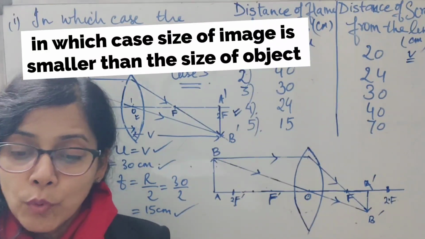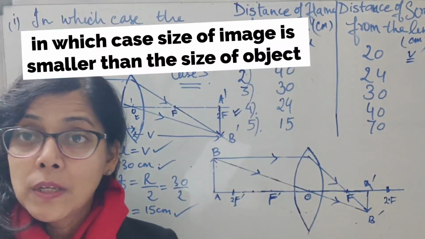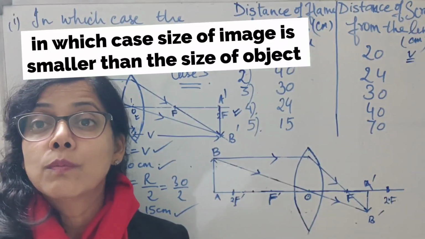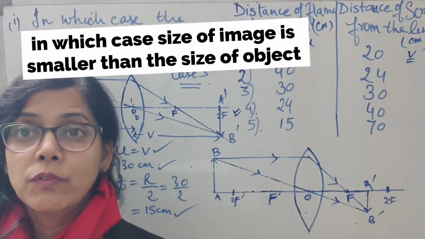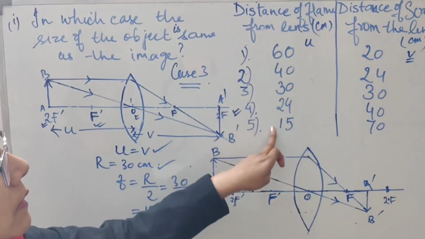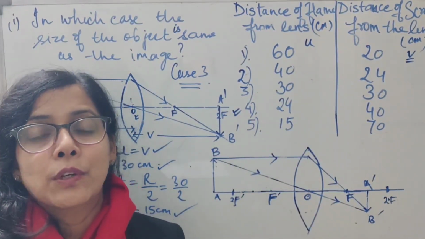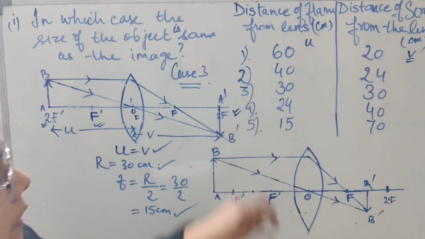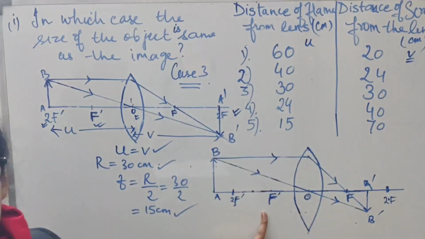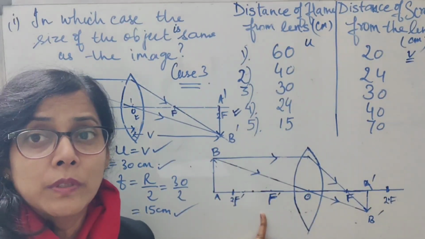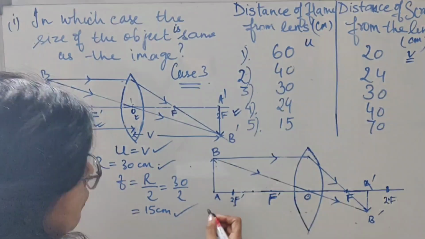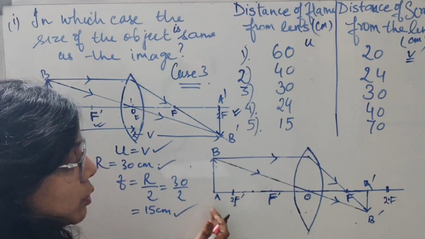Now the third part is that in which case the size of the image is smaller than the size of the object. We have to find out in these cases where the size of the image is smaller than the size of the object. So for this I have drawn this ray diagram. You see in this ray diagram I have kept the object beyond 2f dash.